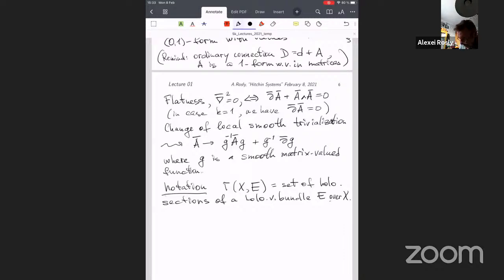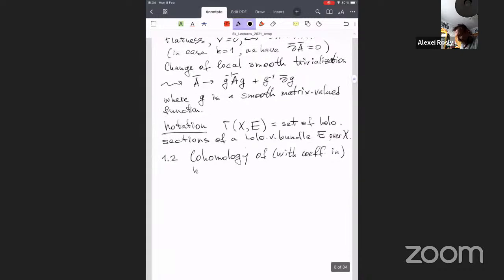All right, now we pass to a second subsection, which will be called homology of, there may be different uses of words, so we can say "of" or "with coefficients in" a holomorphic vector bundle.